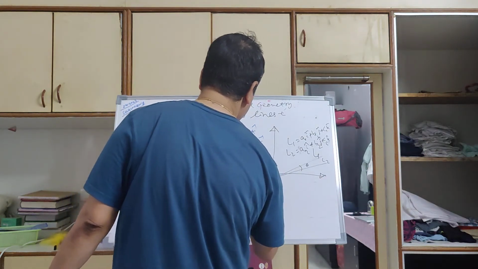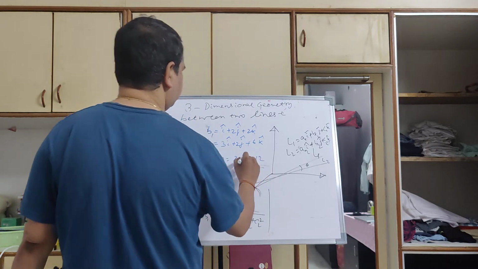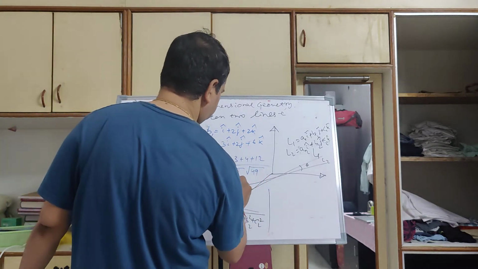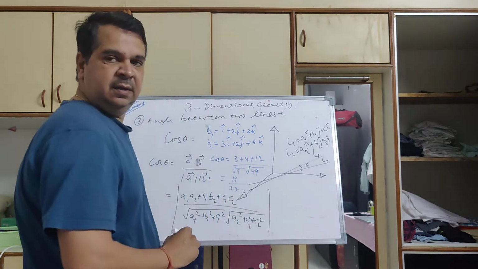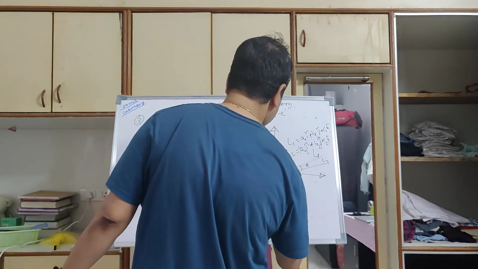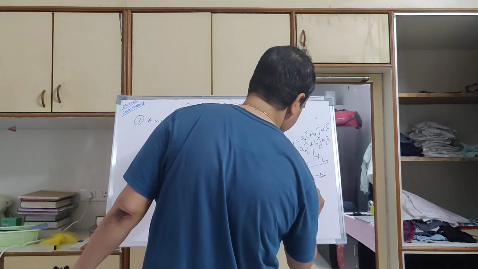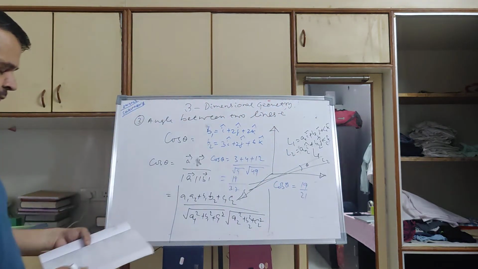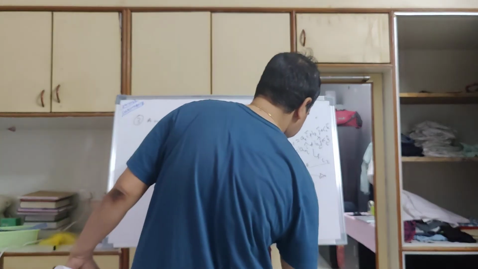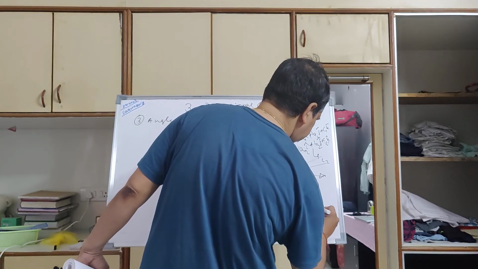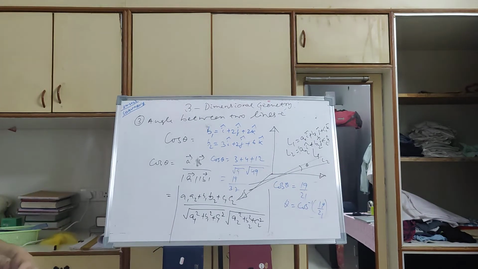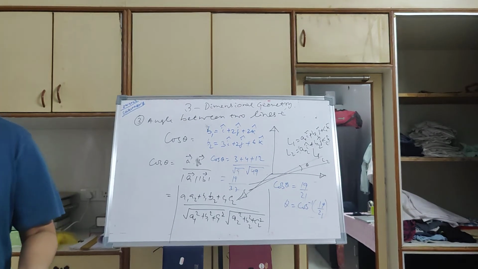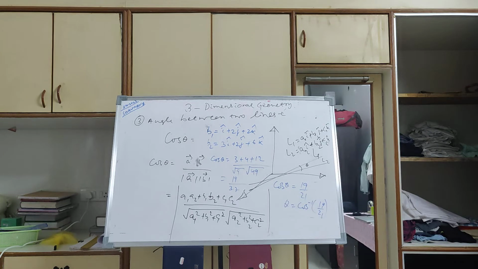So this becomes 12 plus 4, 16 plus 3, 19. Then this is 3, this is 7, right? 19 by 21. Cos theta is equal to 19 by 21. Theta is equal to cos inverse of 19 by 21. So it is almost 1.